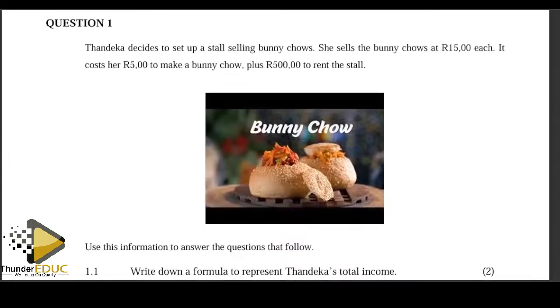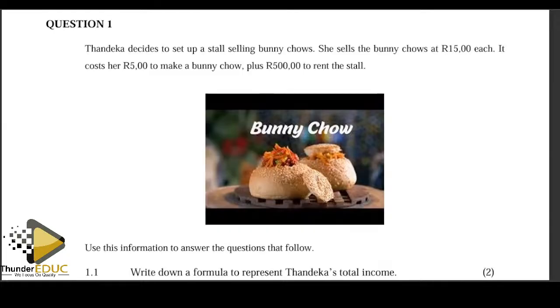Tandeka decides to set up a store selling bunny chows. She sells the bunny chows at 15 rand each.